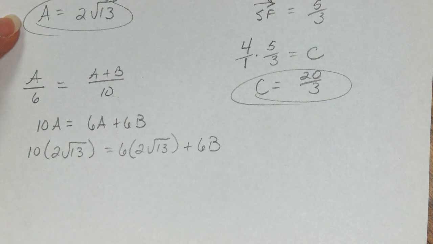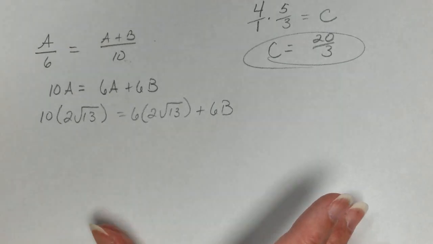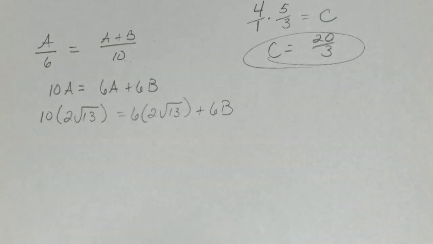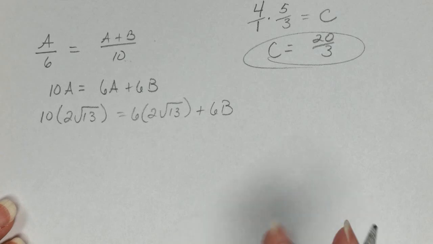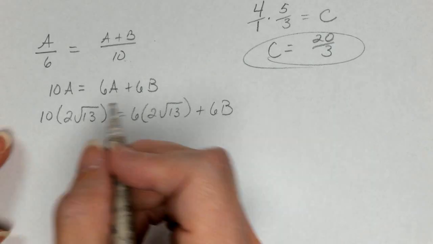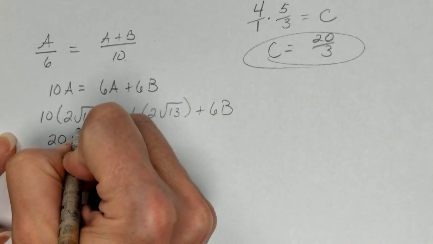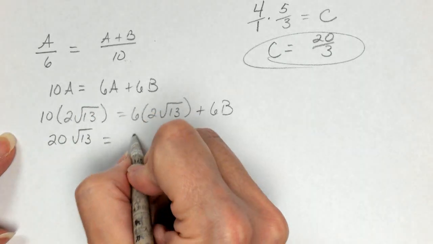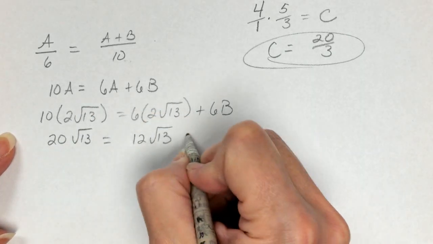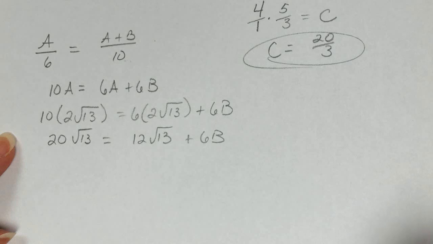And as long as I remember which one I'm solving for, I could have kept the A in there for now and just gotten B by itself and then plugged in the 2 root 13. That would keep the work streamlined a little bit. But if you put it in, then you're not forgetting which variable you're getting by itself. Okay, so we have 20 root 13 equals 12 root 13 plus 6B.